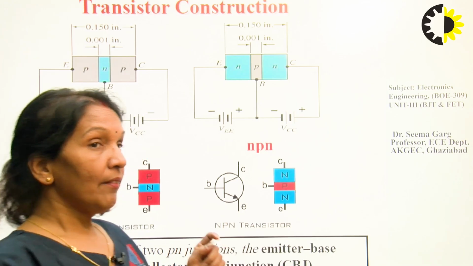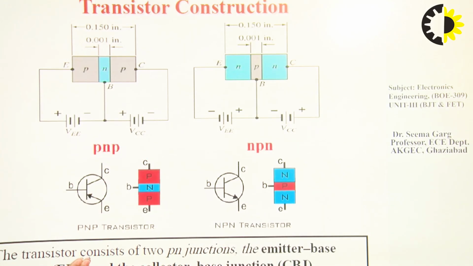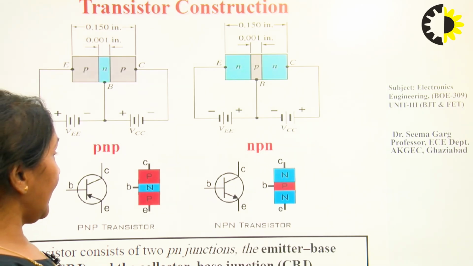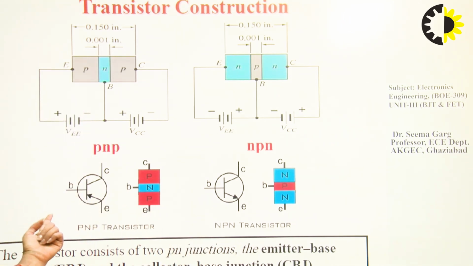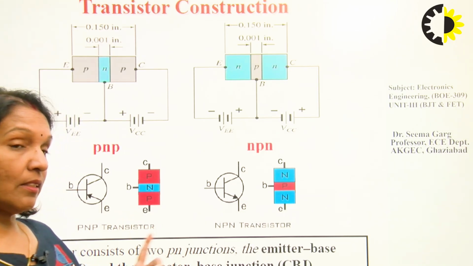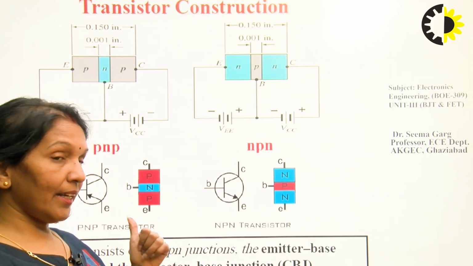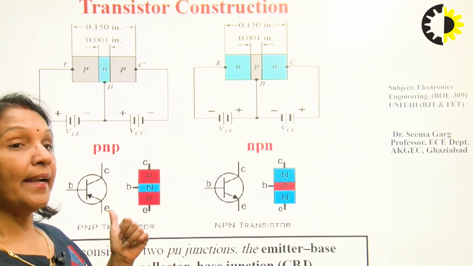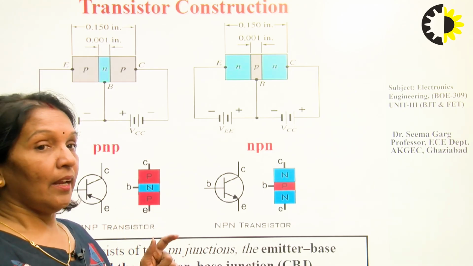Here we can see that the transistor has two PN junctions, the emitter base junction and the collector base junction. Also, here you can see the symbolic representation of the transistor. In the PNP transistor, the arrow at the emitter terminal represents the direction of the current flowing in the circuit.